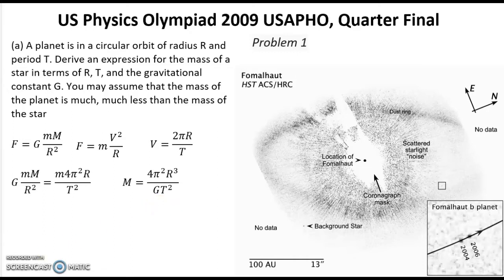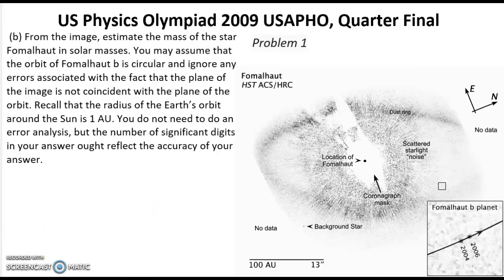Second question, question B. From the image, estimate the mass of the star Fomalhaut in solar masses. You may assume that the orbit of Fomalhaut B is circular and ignore any errors associated with the fact that the plane of the image is not coincident with the plane of the orbit.